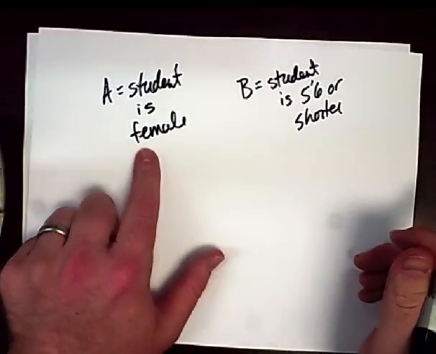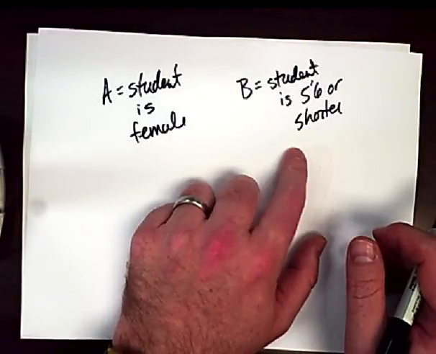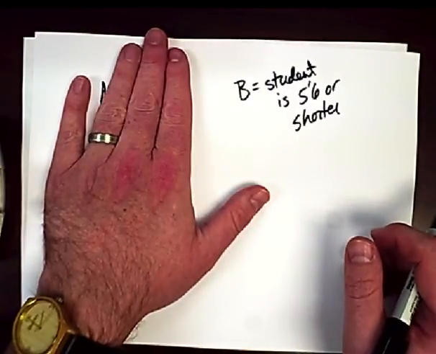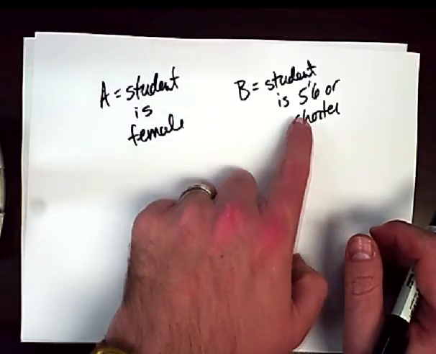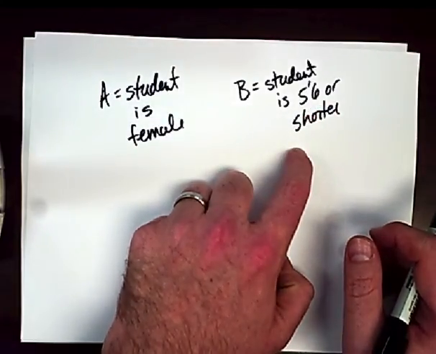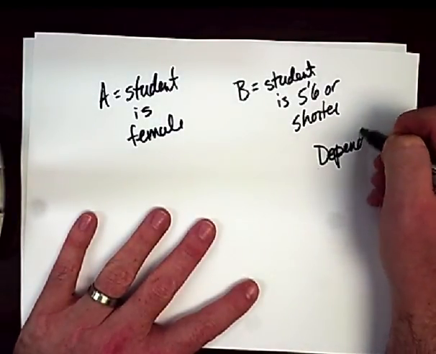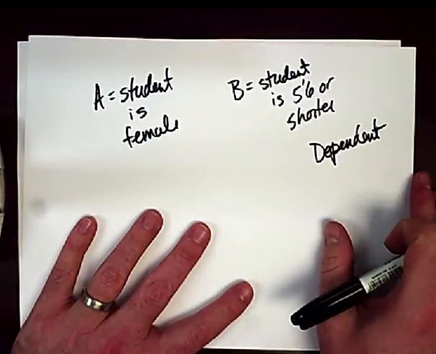Well, if the student you chose is female, the likelihood, the probability that the student is 5'6" or shorter is going to change than if the student you chose was not female, because females are more likely to be this height or shorter, because on average guys are taller. So these would be dependent events, because whether or not A happens changes the probability that B happens.